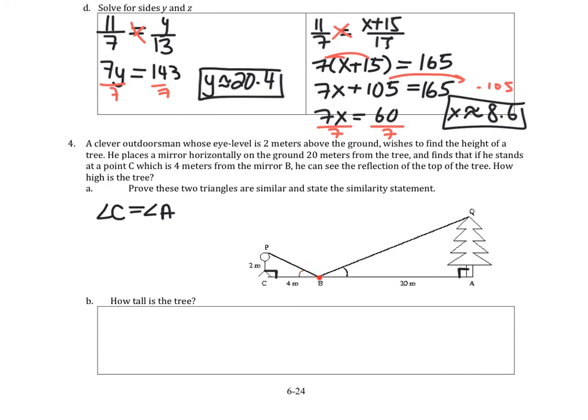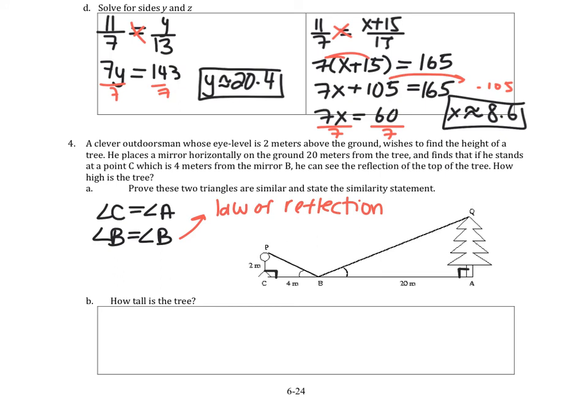The angle of reflection is what he sees from the mirror, so that would be there. Okay, so this angle and this angle are equal. So angle B is equal to angle B. I'm going to make a little note. Law of reflection. So whenever there are mirrors involved, you can assume those two angles are equal because of the reflection and the beam. Okay?